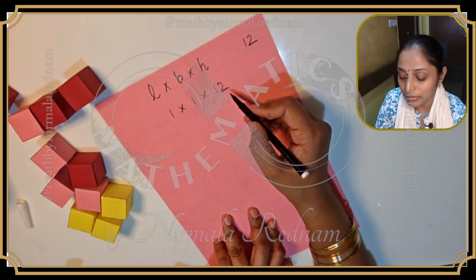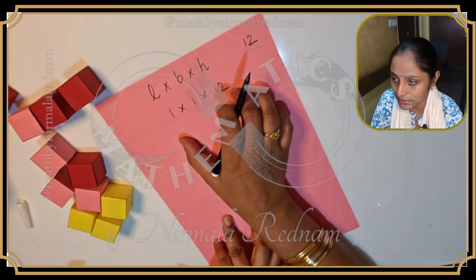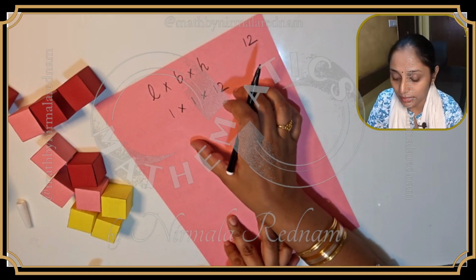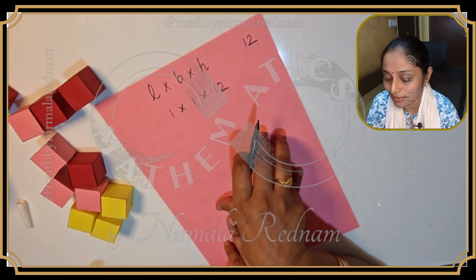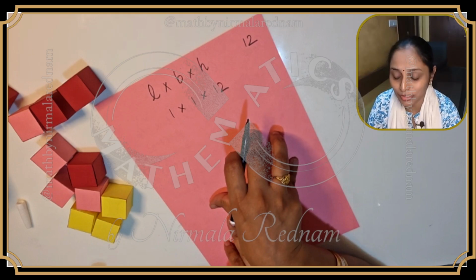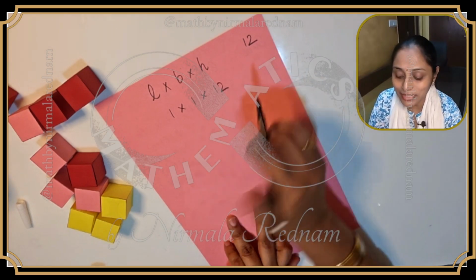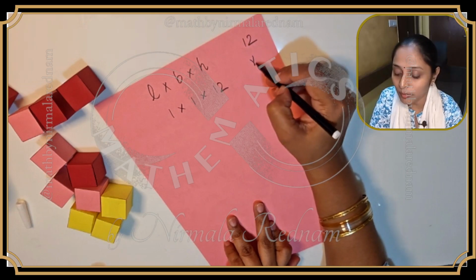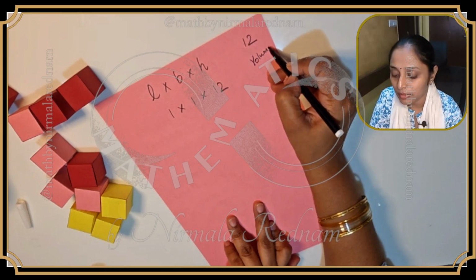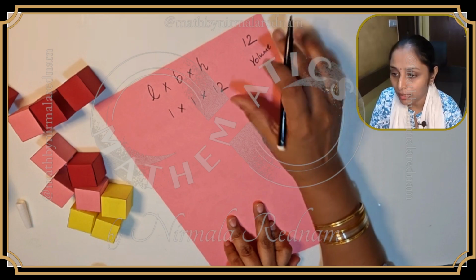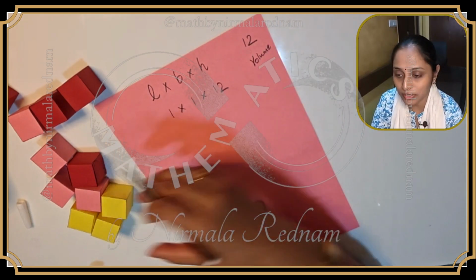Now, if you understand this concept, this is going to give you the exhaustive list of all the possible cuboids that you can make from 12 cubes. The reason being, the volume is going to remain constant, right? The volume is going to be the same because I have 12 cubes.